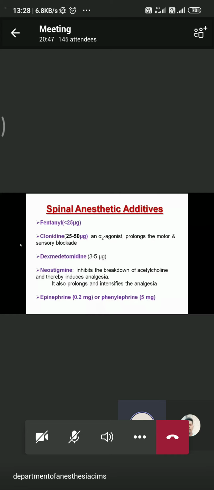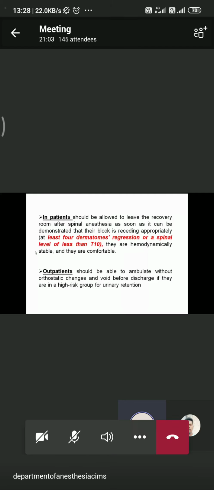After the surgery is over, when you have given a patient spinal anesthesia, the inpatient should be allowed to leave the recovery room as soon as it can be demonstrated that their block is receding appropriately. It means if you gave a block up to T8 level, and the block regresses to T10 level, then you will allow the patient to go out of the recovery room.